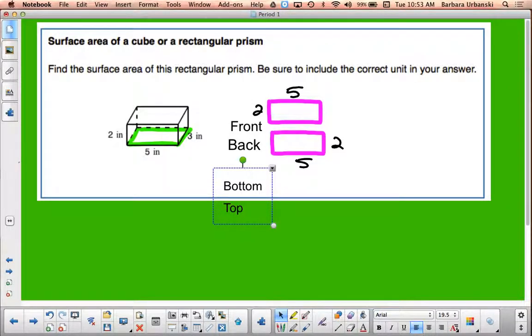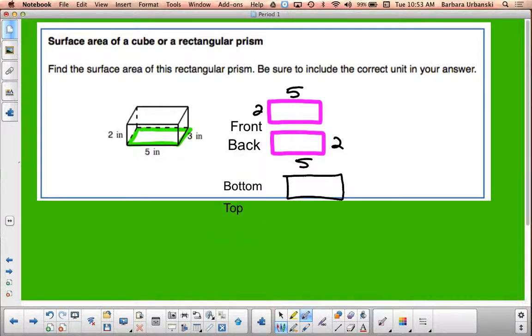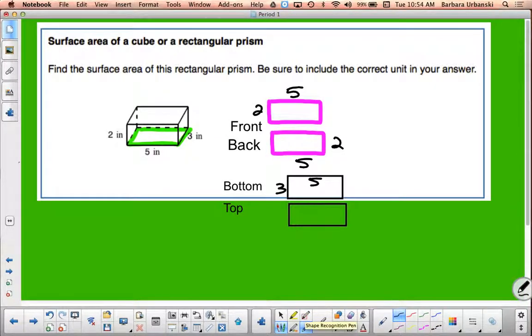Again, we are looking at what we're going to call a rectangular shape. The bottom measures would be 3 by 5. So now we have 3 by 5, and then the top would be 3 by 5, and we're good to go.